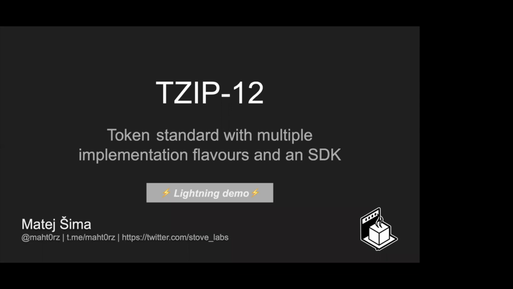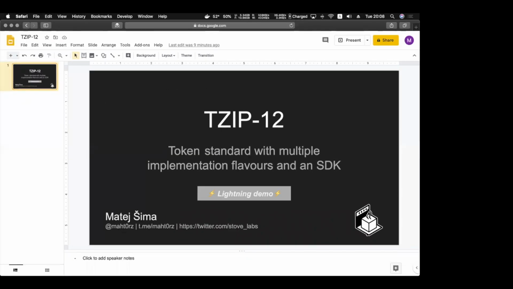The first thing I want to talk about is a thing we call the starter kit. Let me just close this and show you the starter kit. Yeah, here we go.